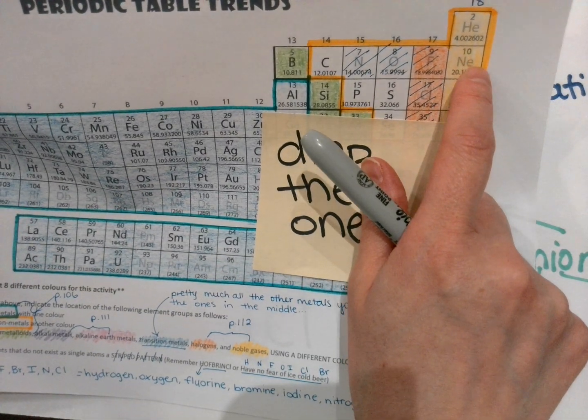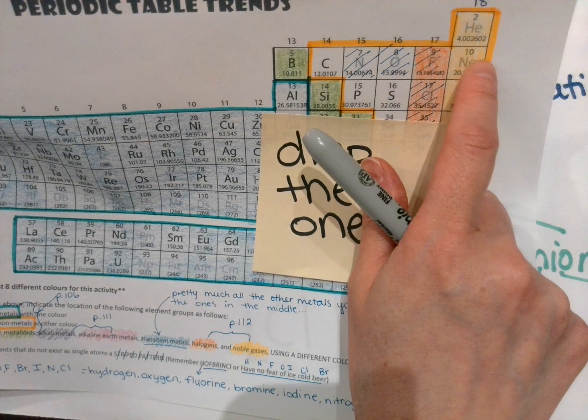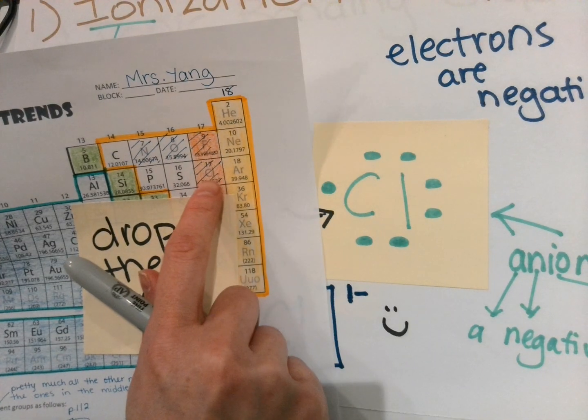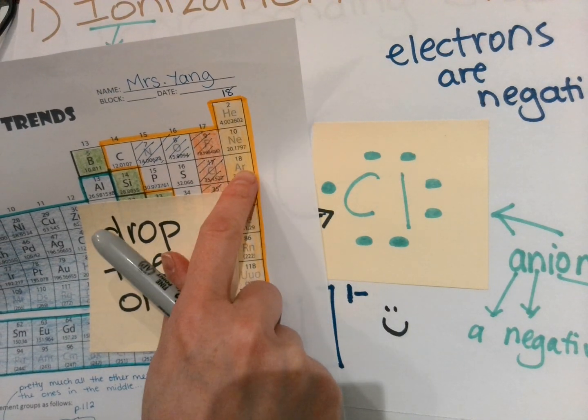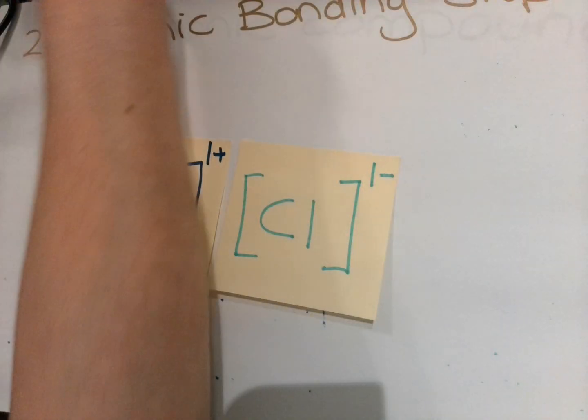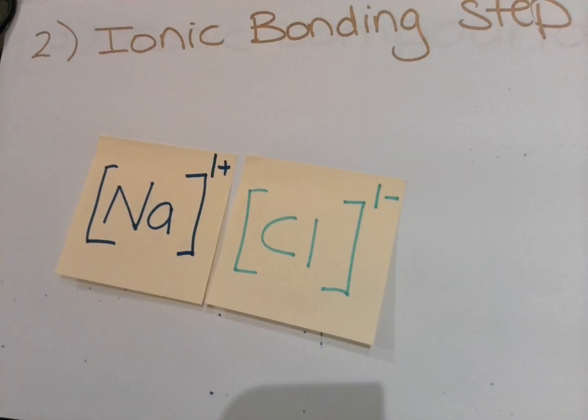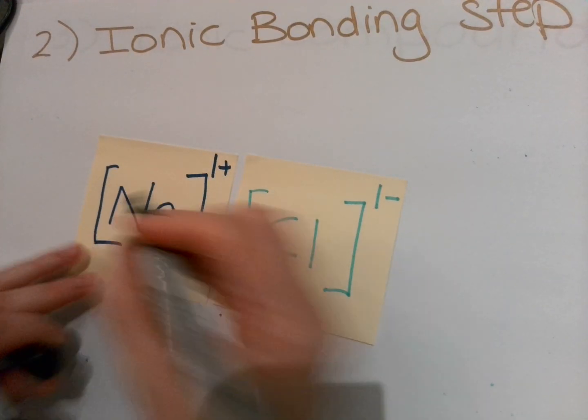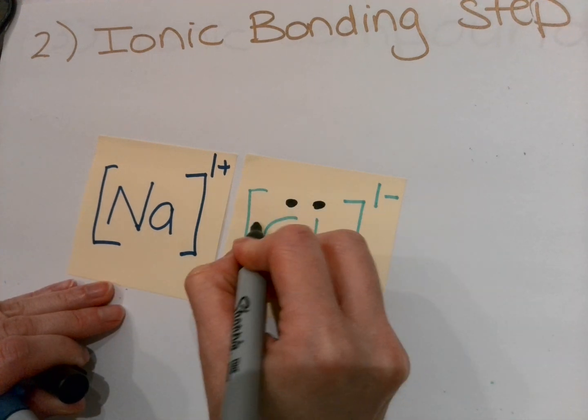So the valence shell of sodium is going to look just like neon, and chlorine will have a valence shell that looks like its closest noble gas, which in this case is argon. So let's draw that as well. So the bonding here, this is nothing, and this one is completely full.